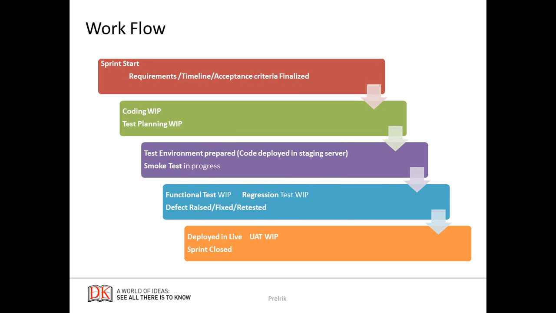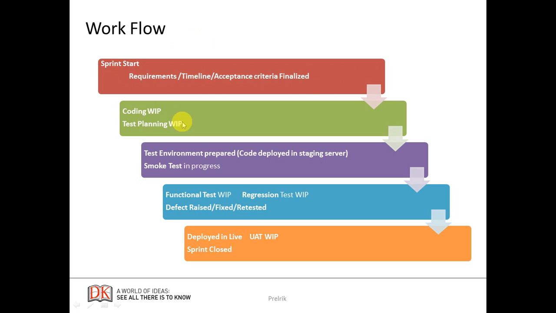Workflow, actually it's a workflow of Agile. So Agile I'll cover in a separate video, so I'll just explain it quickly. Sprint start in Agile: what the team does is they fix a sprint for 2 weeks, 3 weeks, 4 weeks, or 1 week, and they fix the requirement timeline and acceptance criteria for that sprint.